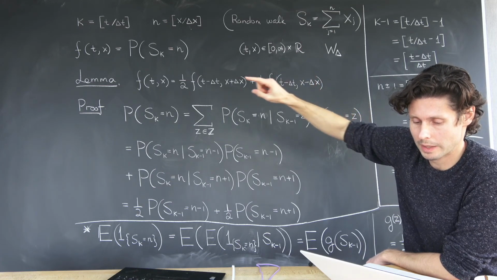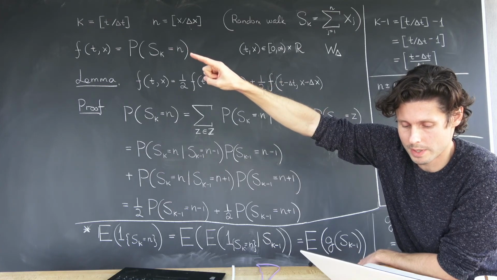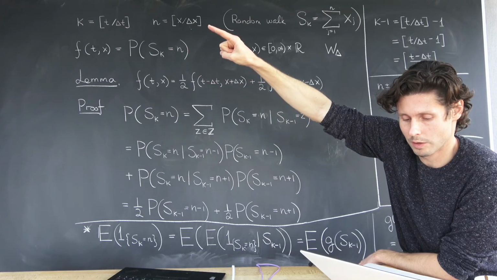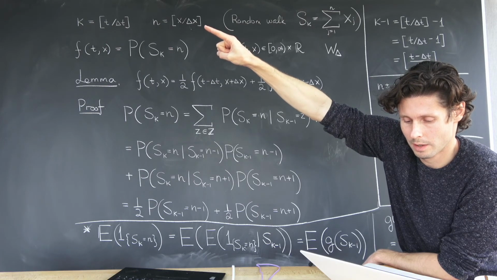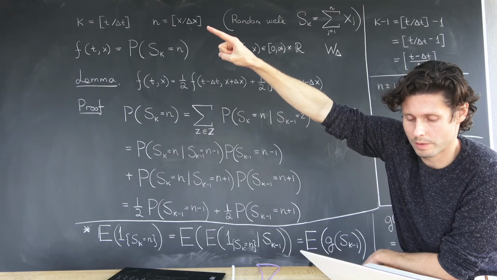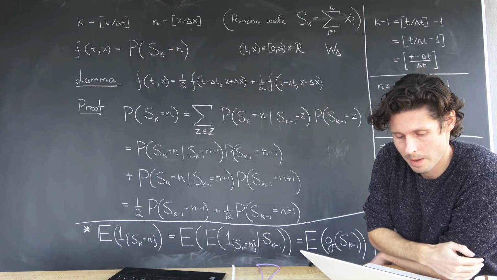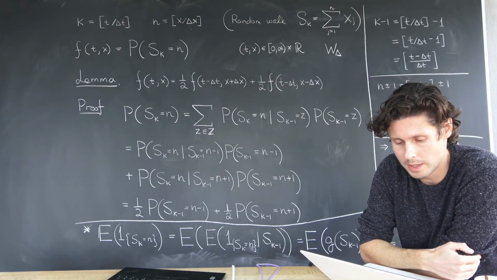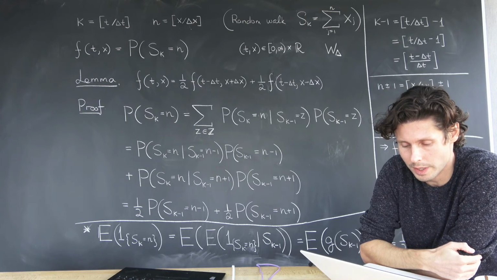It's a real number, and to equate one side to the other, I'm using this conversion to go from every x to an n. You follow this procedure, integer part of x over delta x, and k is obtained by taking the integer part of t over delta t.